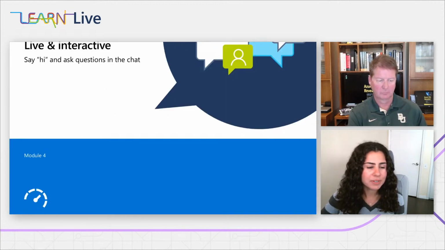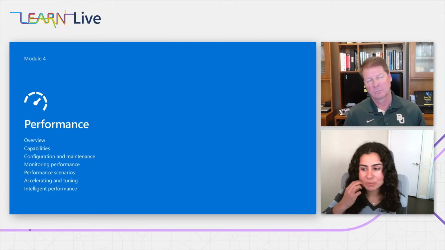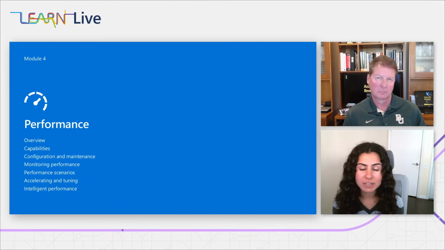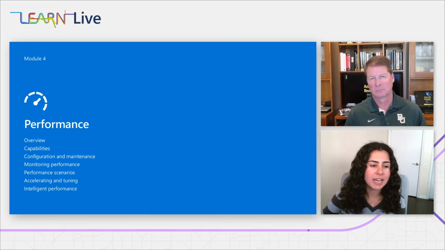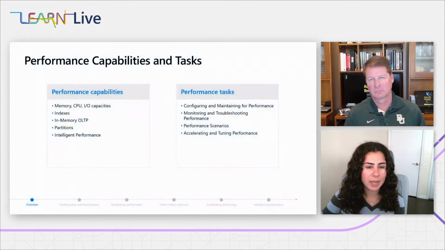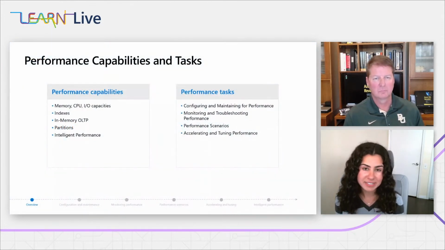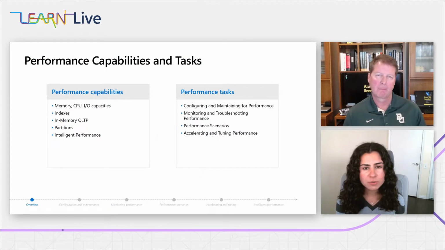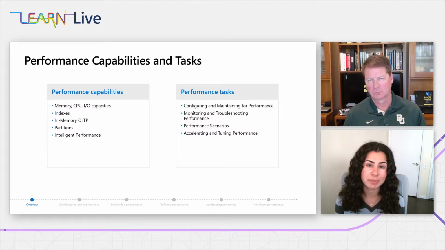Now, with that, we're going to get right into the module, which is performance. We're going to do just like we've done for security and like we will do for availability. We're going to start by talking about the capabilities and the tasks. So you want to know what's going on with all these things you're already familiar with in SQL Server when it comes to performance, and how do those capabilities come into play when we talk about Azure SQL Database and Azure SQL Managed Instance.